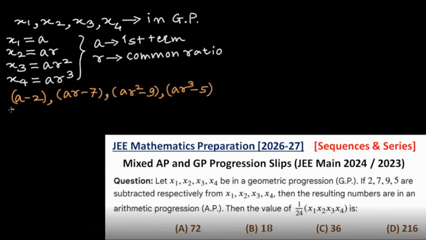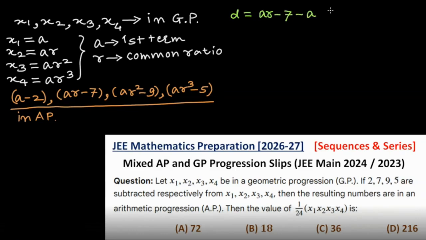Now these new numbers are in AP. For an AP, we know that the difference between a term and its previous term is constant. So here common difference D will be second term ar minus 7 minus the first term a minus 2, that is ar minus a minus 5.